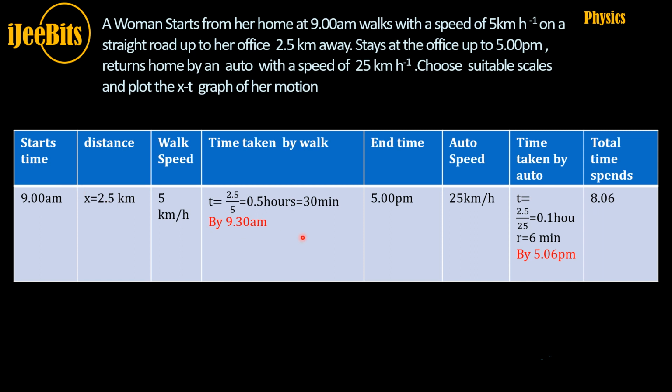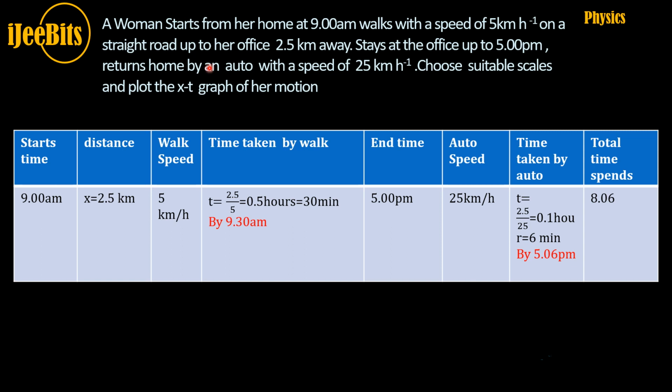That means by 6 p.m. she will be at home. From 9 a.m. to 5 p.m. is 8 hours, and then the extra 6 minutes, if you add it, 8 hours 6 minutes.